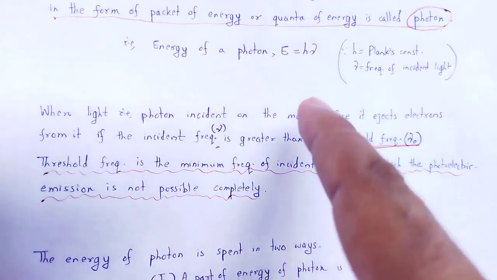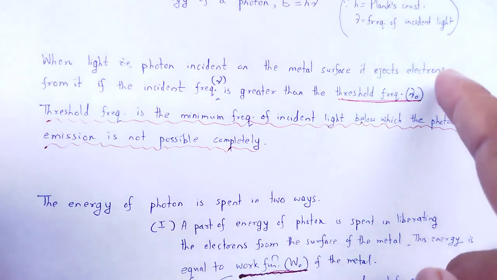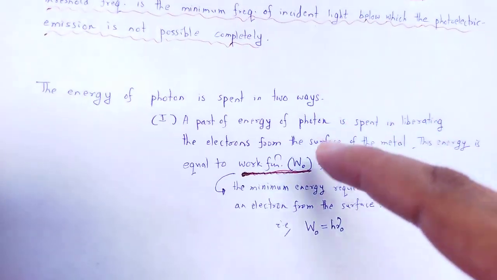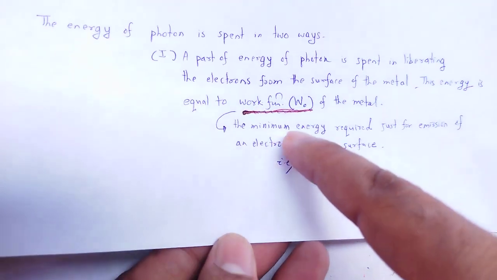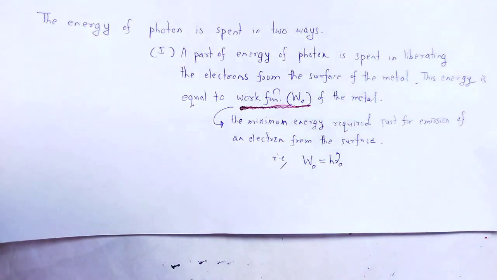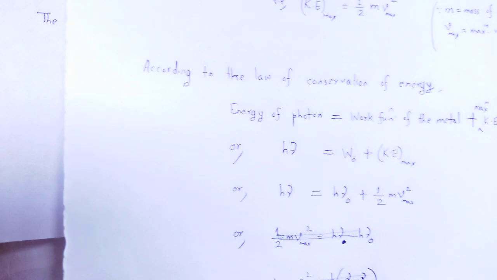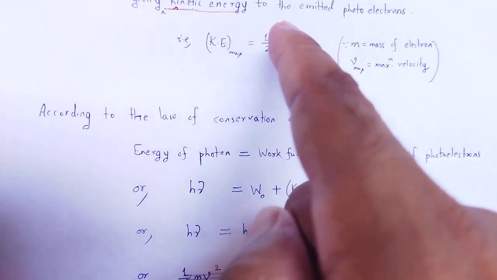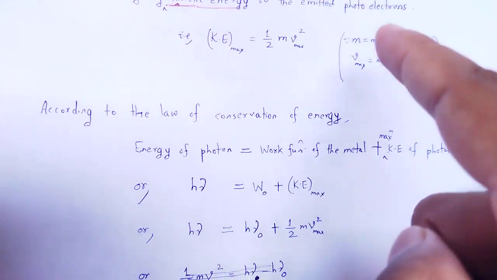Energy of photon is h nu, and what is threshold frequency. The energy of the incident photon is used in 2 ways: one, for the work function, another, to give maximum kinetic energy to the photoelectrons.